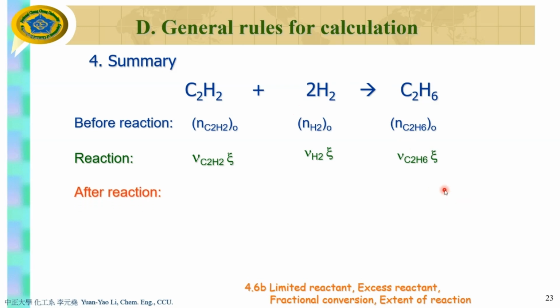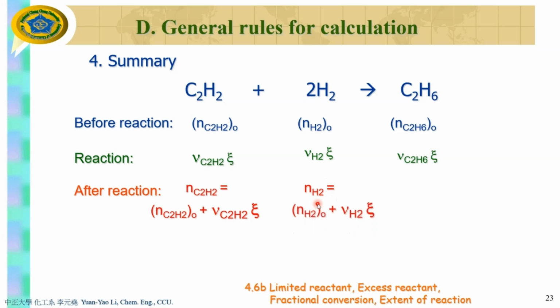And after reaction, we know that in the end, C2H2 will be this one plus this. After reaction, hydrogen will be this one plus this. And C2H6 will be this one plus this.